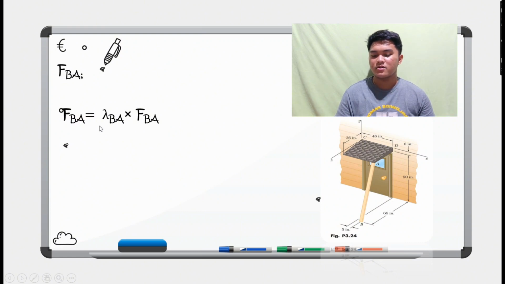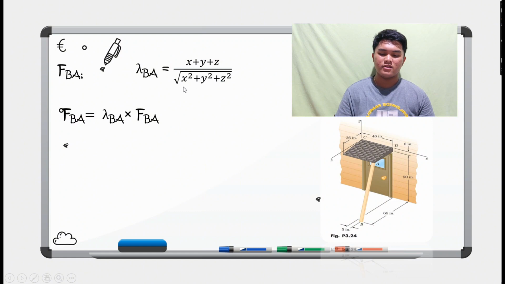To find our unit vector, we are going to use this formula, which is x plus y plus z over the square root of x squared plus y squared plus z squared. x, y, and z right here are the components from point B to point A. So what we are going to do with this formula is find its components.